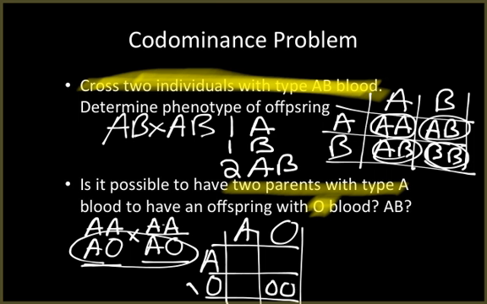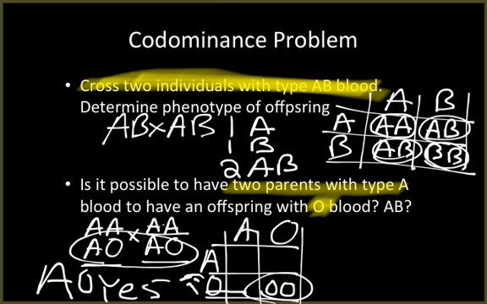Yep, right there. Okay, so it is possible. All right, it is possible, but both parents have to be AO. Okay? Does that make sense? So both parents have to be AO for that to happen.